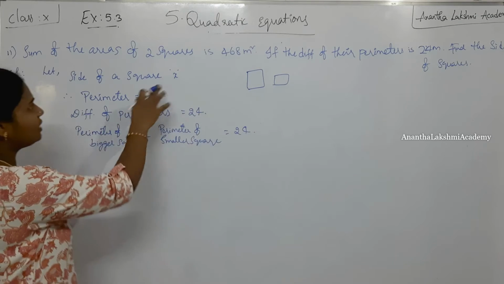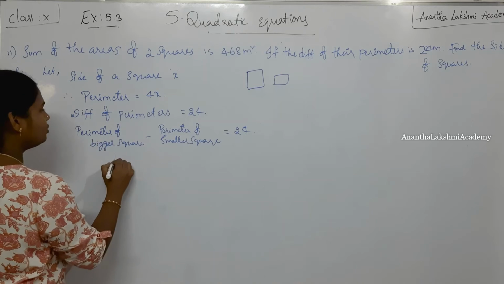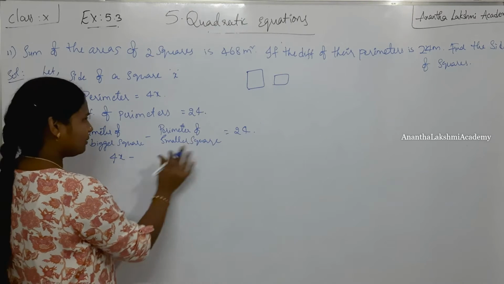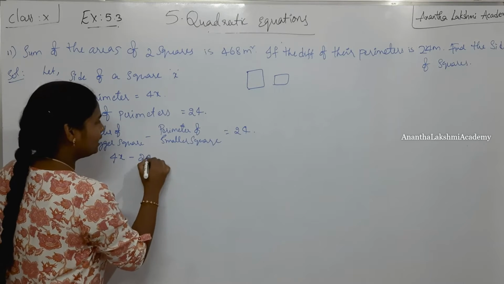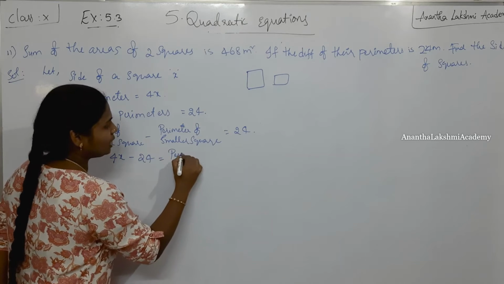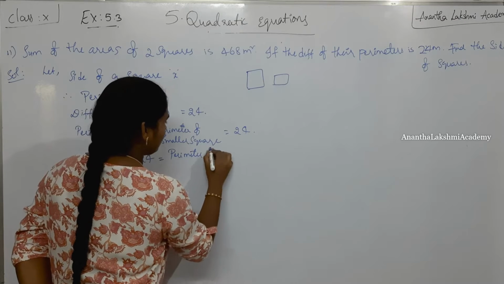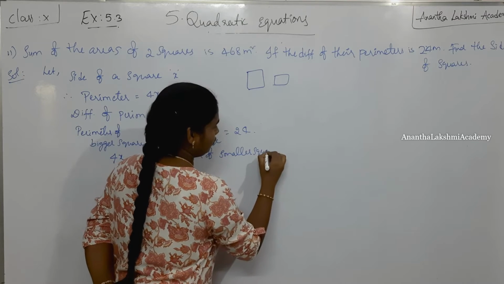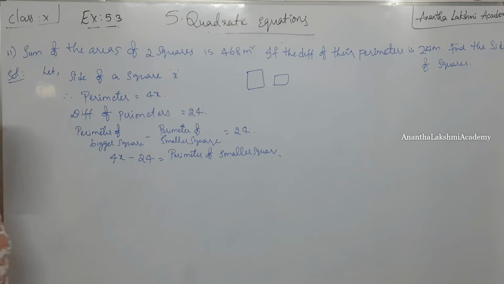Now the bigger square, as we have assumed, is 4x. Minus perimeter of smaller square is 24, so if I take 24 this side, this gives you the perimeter of the smaller square.